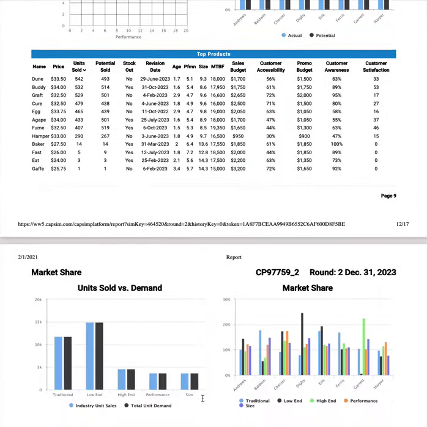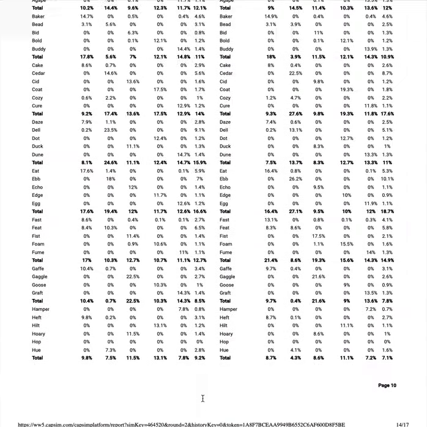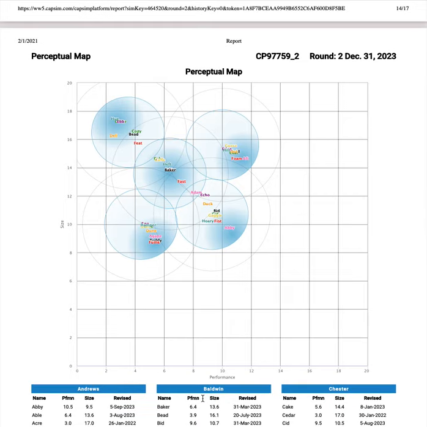Then lastly, I'm going to go through. Okay, so before that, we take a look at this perceptual map. It's moving from the left corner to the right corner. Why? Because customers always want to have lower price but higher quality of the product, right? So that's why the whole thing is moving to the right corner.